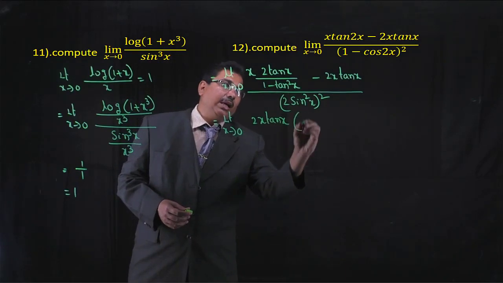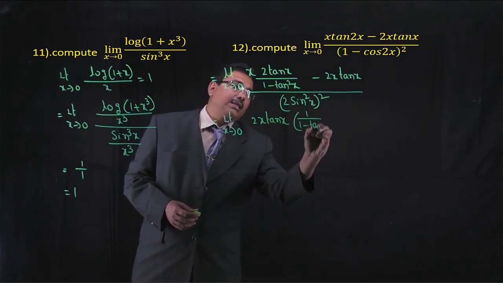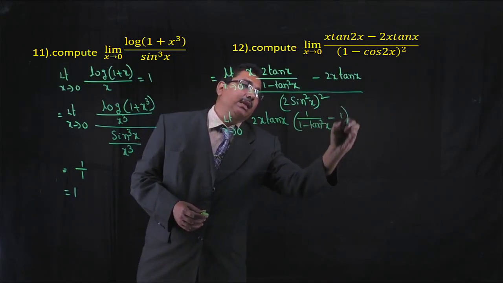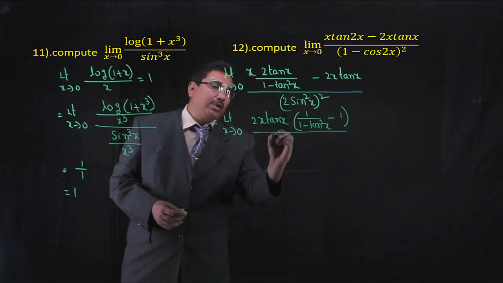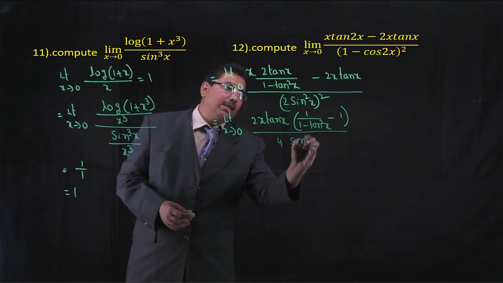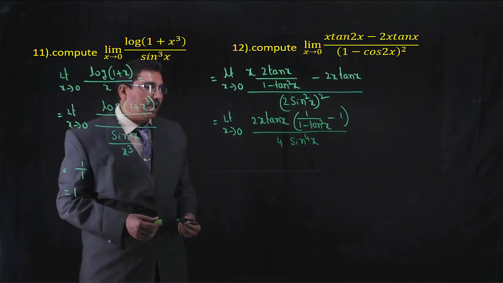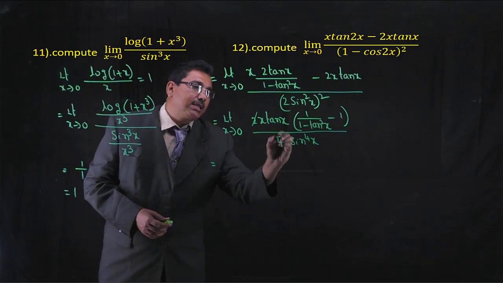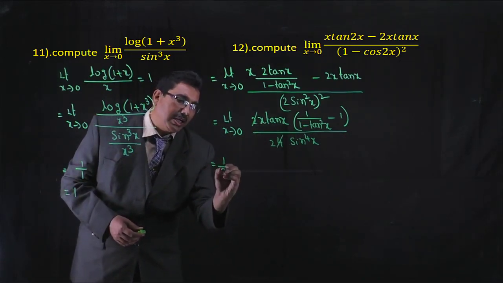Now we have 1 by 1 minus tan square x minus 1, divided by 2 square, which is 4, sin square x whole square, that is sin power 4x. Here the 2s get cancelled, and 1 by 2 is a constant.